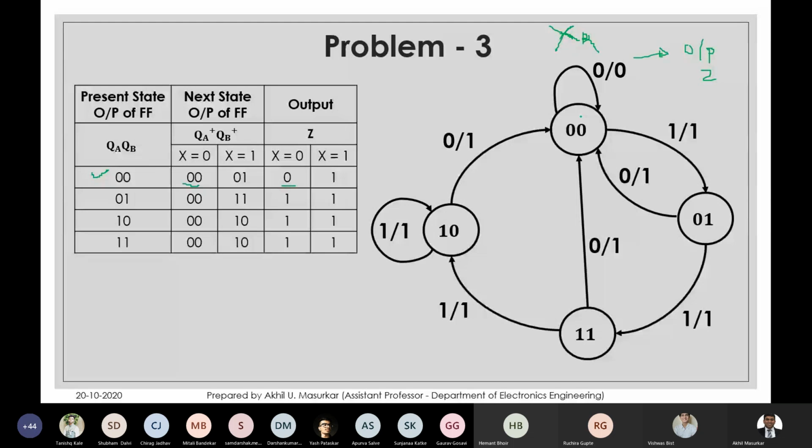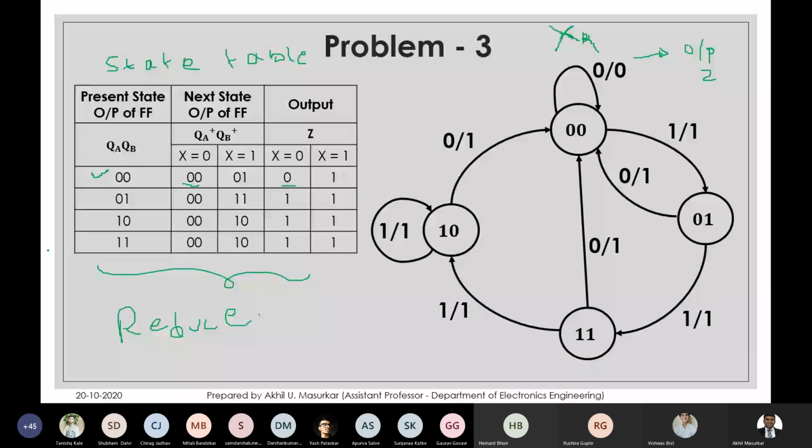Okay. So let's go to the next slide. Now, what they are telling us is that if this is your table, we have to reduce this table. So what are the rules for reduction?